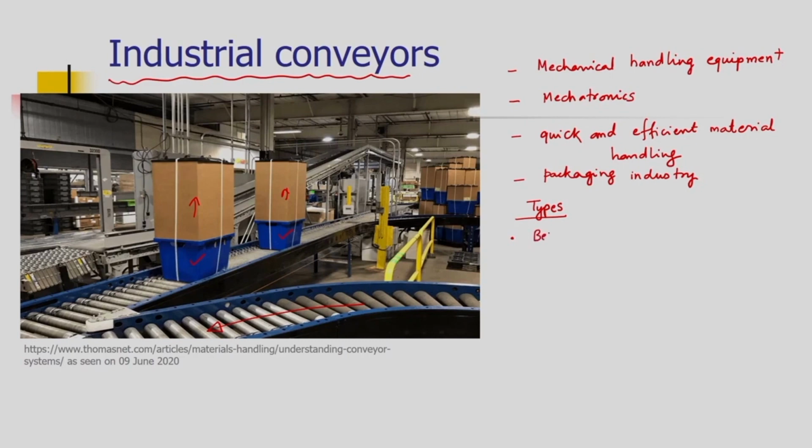First type is the belt conveyor, by using a belt we are conveying the commodities. Then bucket conveyors, where buckets are used. Basically bucket conveyors are used in coal or in food industries. Then roller conveyors are suitable when the commodities are packed in boxes with a flat bottom, so that they can roll over the conveyor.